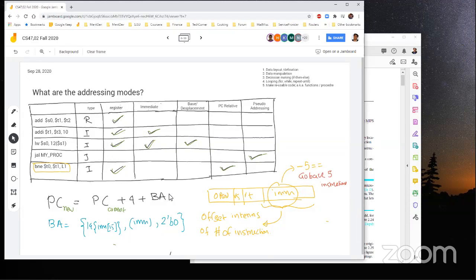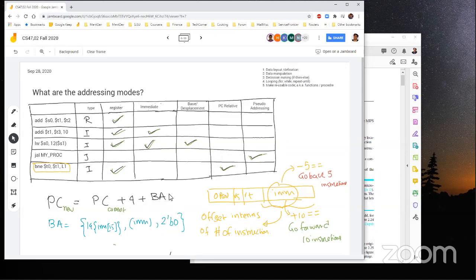Yes, go back 5 instructions. And if it is something like +10, this value really means go forward 10 instructions. Okay, go forward 10 instructions.